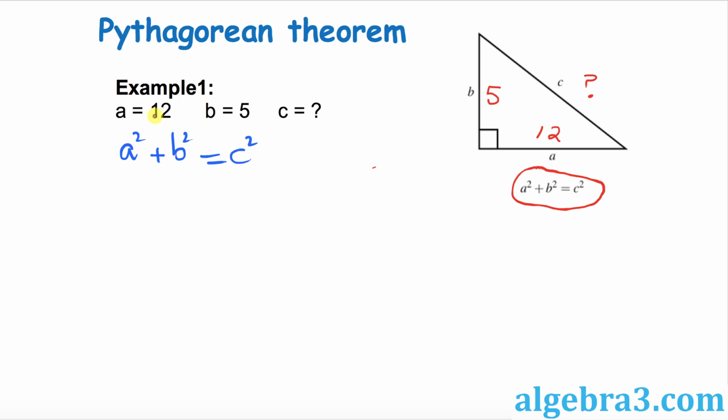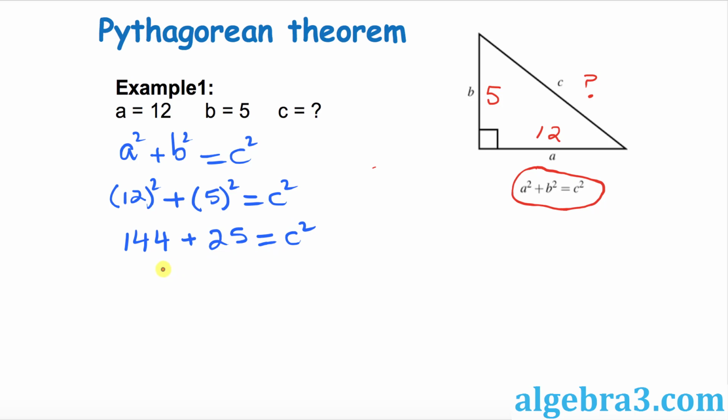Just plug it in. a is 12, so 12 squared plus b is 5, 5 squared, equals c squared. So 12 squared is 144 plus 5 squared is 25 equals c squared. When you add them up, it's 169 equals c squared.